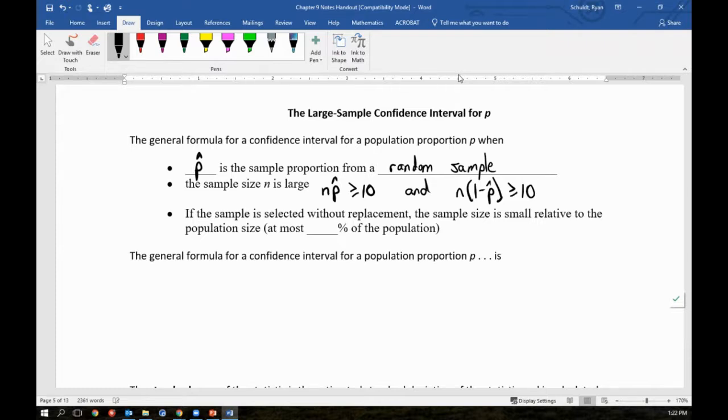And lastly, if the sample is selected without replacement, the sample size is small relative to the population size, meaning it's at most 10% of the population.